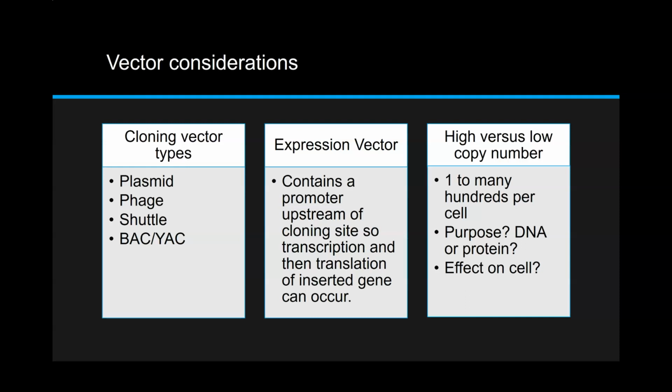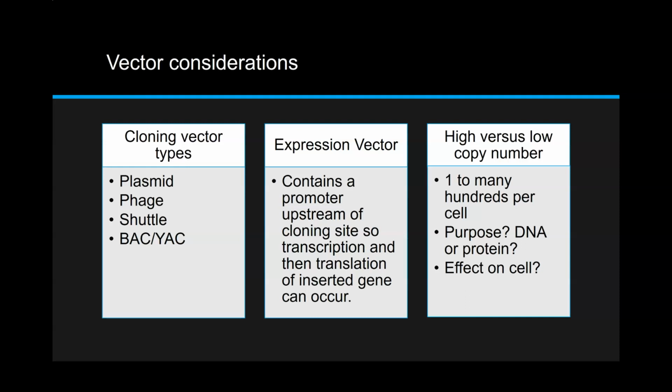Our transfection experiment uses this type of vector. The vector acts as a plasmid in bacteria and replicates, but then it can be used to express genes in eukaryotic mammalian cells. Remember, an expression vector is one that allows the inserted gene to be transcribed and translated, and that's because it has the necessary controls such as a promoter upstream of the gene.